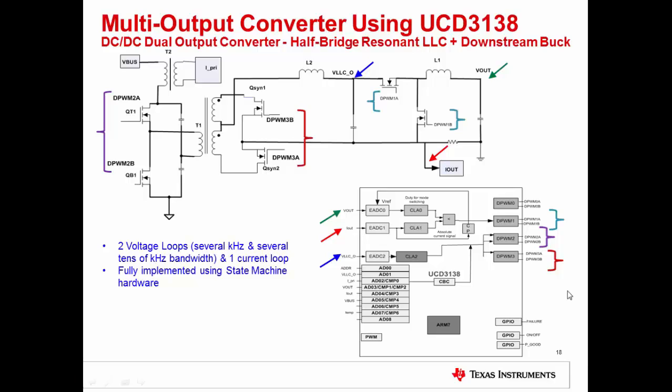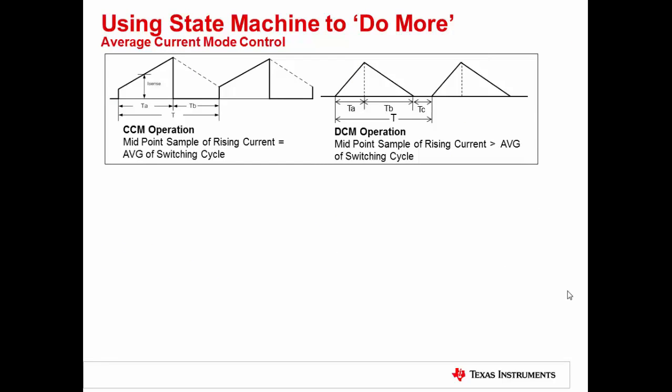Up until this point, we have looked at how the controller can be used to implement common power supplies. Now, let's take a look at how the controller can be used to achieve more. Here is an example of average current mode control where the converter moves from CCM to DCM operation based on the load. During CCM operation, the current is sampled at the midpoint of the rising edge of the inductor current.